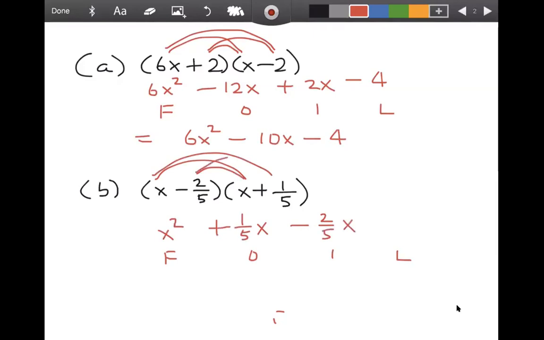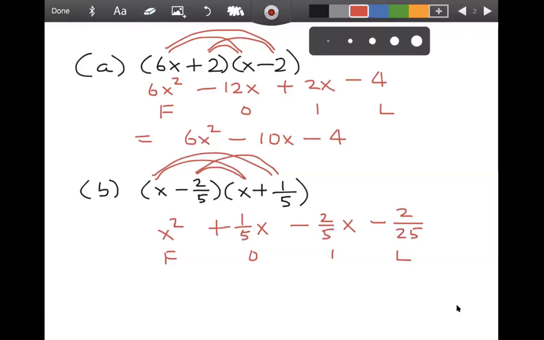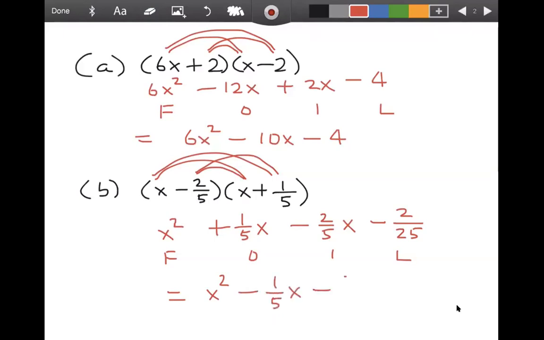And then last is negative 2/5 times 1/5, which is negative 2 over 25, right? Combining the like terms, we get x squared. 1/5 minus 2/5 is negative 1/5. So that's going to be minus 1/5 x. And then minus 2 over 25.